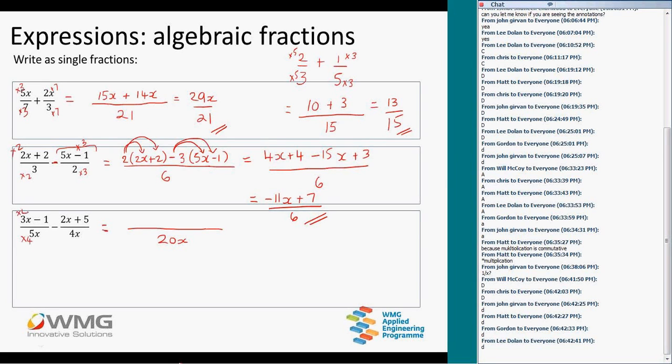So 4 times the numerator, and there must be a minus here as well. To make the new denominator from 4x, I multiply by 5, so the top is multiplied by 5 as well.